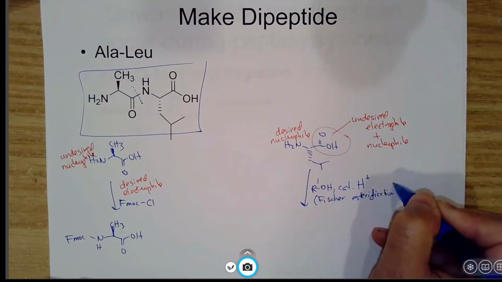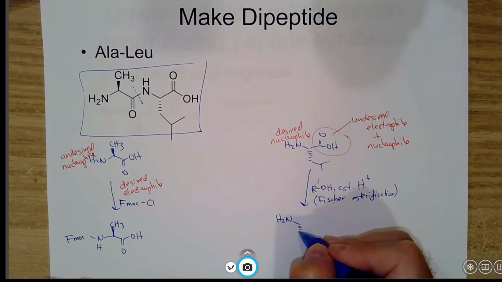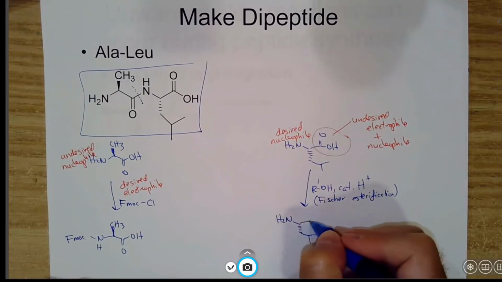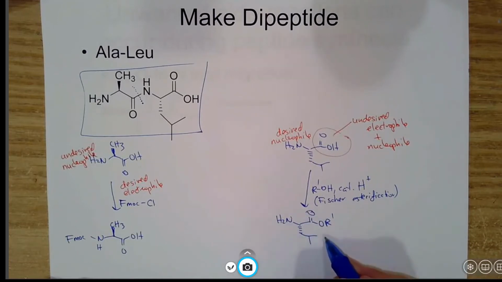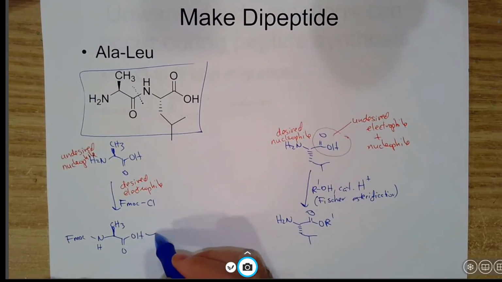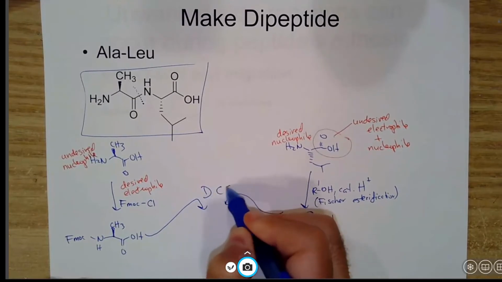So what will happen is that you'll now have your desired amine untouched, and you'll have your alcohol now formed as an ester here. So that's now protected. So now what we're going to do is take these two molecules together, add DCC, or a coupling reagent.